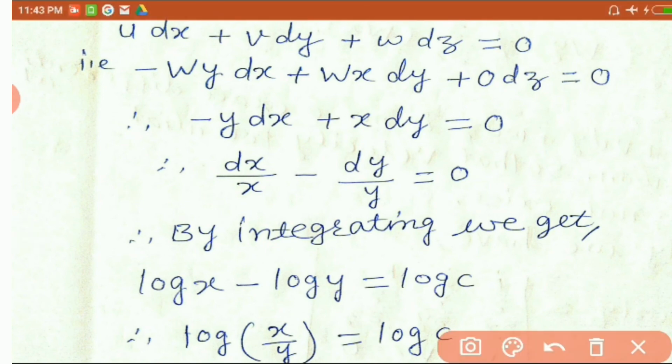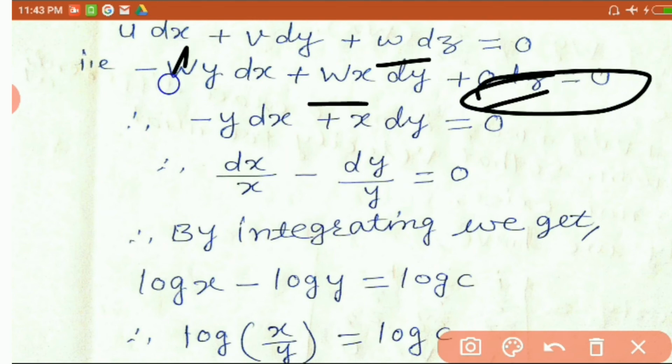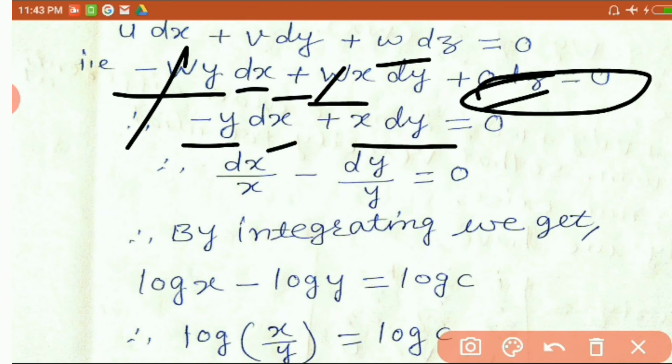Now u dx plus v dy plus w dz is equal to 0. Now put the values of u, v, w. The value of u is minus wy, the value of v is wx, the value of w is 0. So what do we get? W will be cancelled. We get minus y dx plus x dy, which is equal to 0.